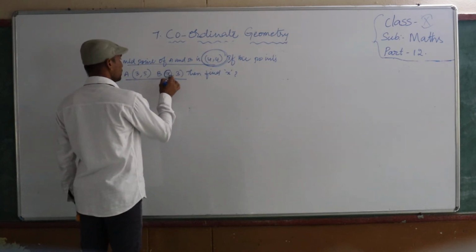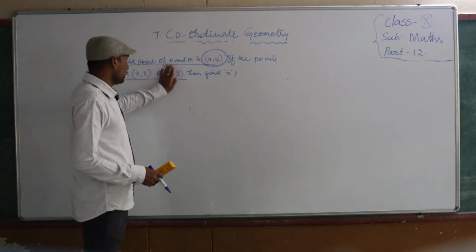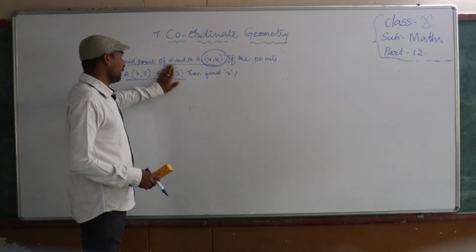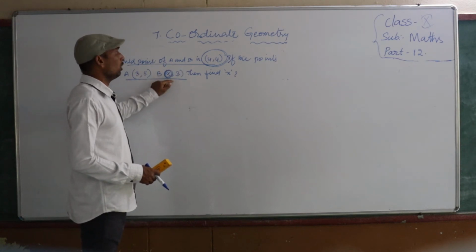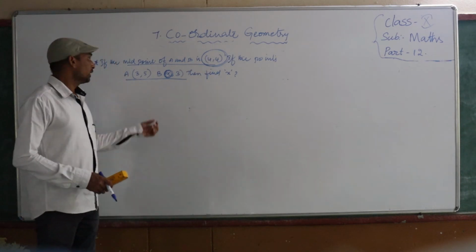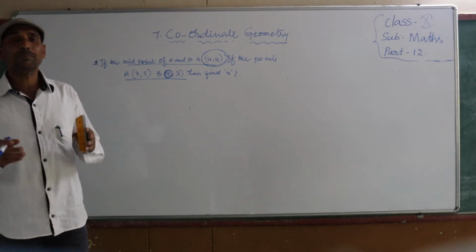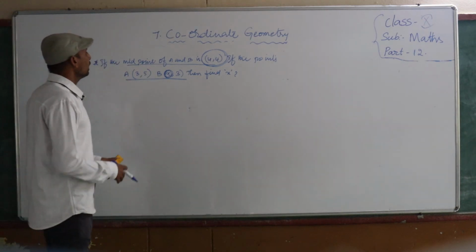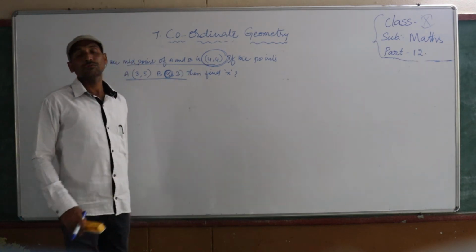In that they are using one variable. Means if here there is a number, if you find the midpoint of these 2, you will get (4, 4). Then what is the value of x? Simply, what we can understand is the midpoint of AB is equal to (4, 4).